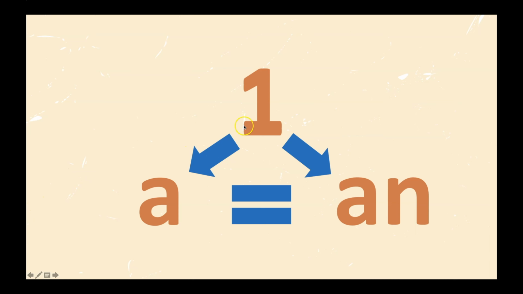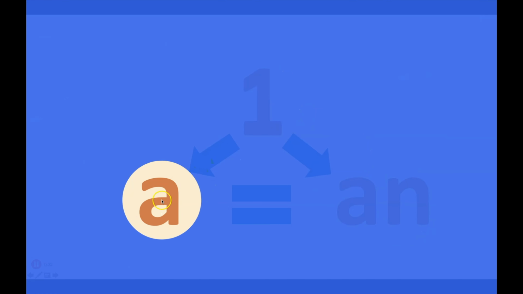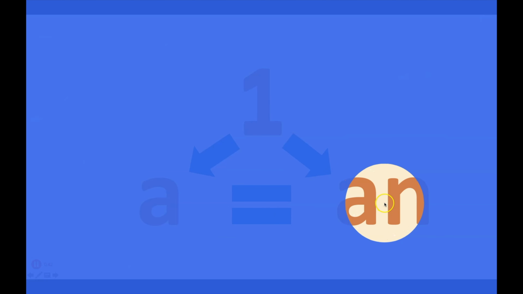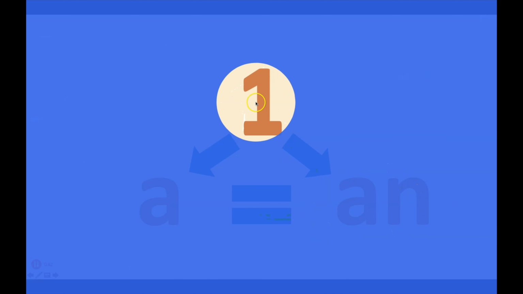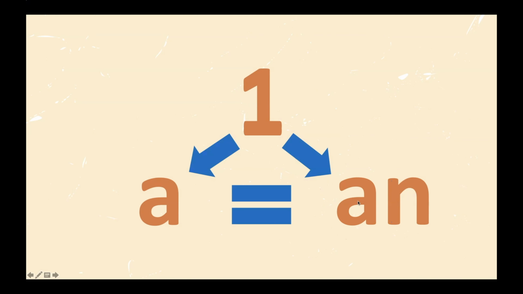Okay, we know that a and an mean one. So they are equal, but we use a for some words and an for other words.